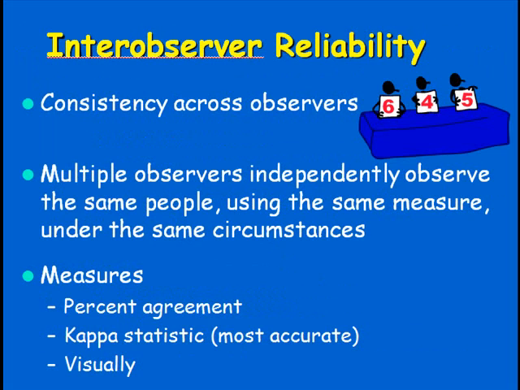The last one we're going to talk about in terms of reliability is consistency across observer. This comes up when we talk about behavioral observation. We'll talk about this a lot. But this is where you have multiple observers independently observe the same people using the same measure under the same circumstances.